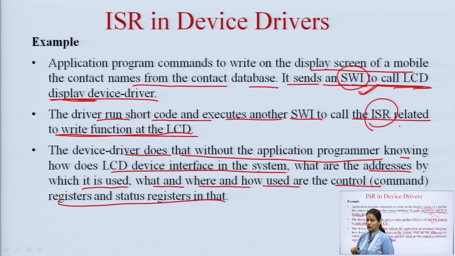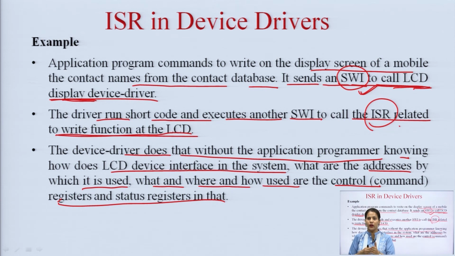What it is trying to tell us is that our main purpose was to have the contact list on the display device. So, we opened an application which can display the contact list on our device. But behind this functioning, the LCD is giving a request to another software program which is used to write the content on the screen.